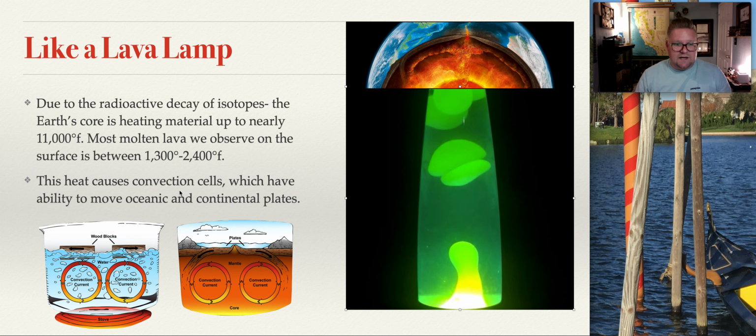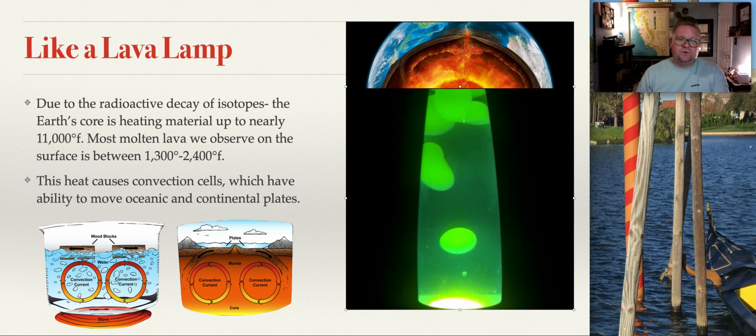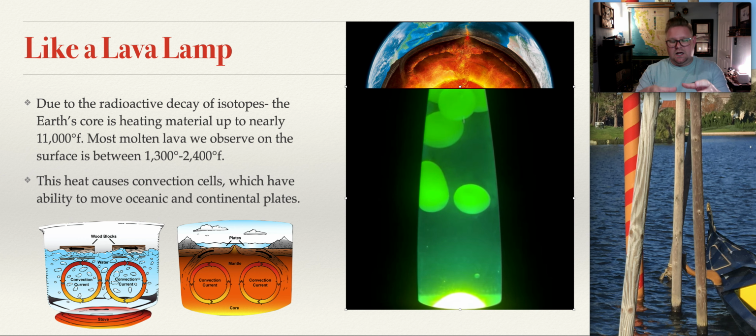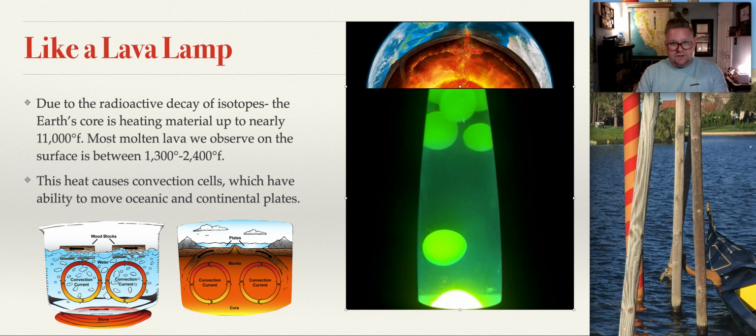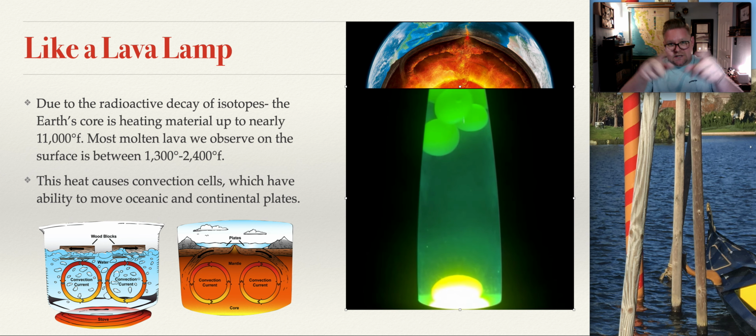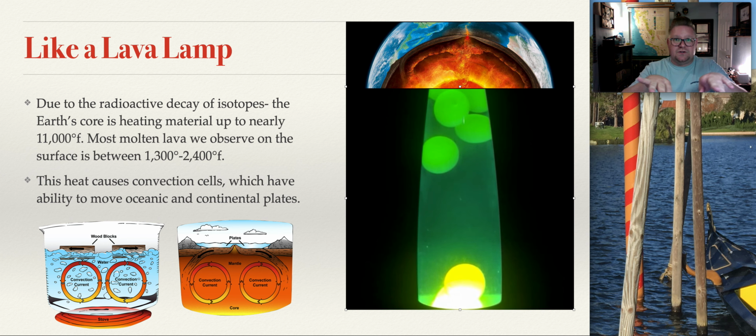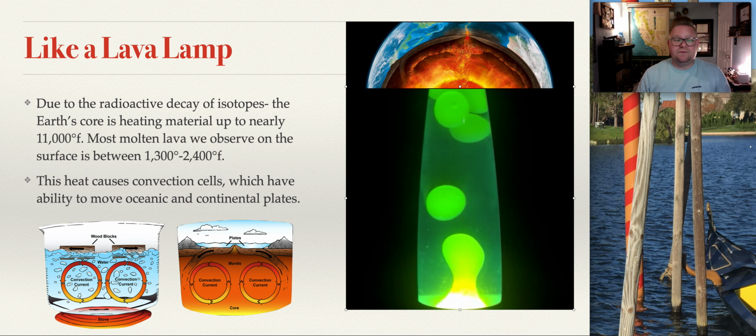I picked this diagram in the bottom left. It shows a pot of water with two little wooden blocks sitting on the water. You turn the heat on and start boiling the water, and it makes bubbles, and the rising water creates a circular motion. In doing so, those wooden blocks bounce around and move away from each other, and that's essentially the driving force of this.